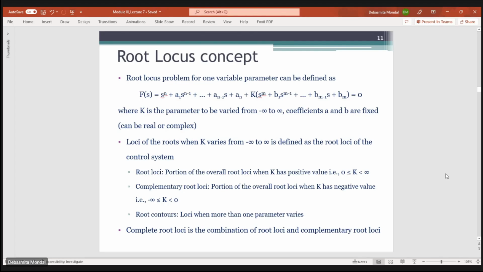This root locus problem for a single parameter variation can be defined by this equation.